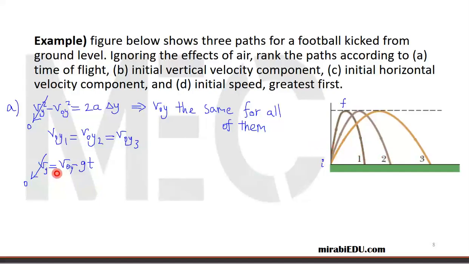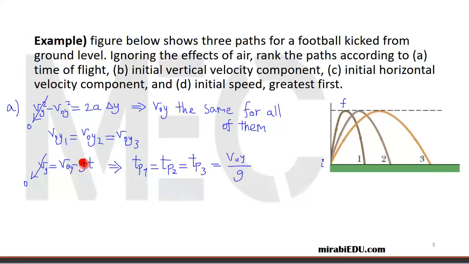Vy will be 0, V0y is the same for all of them, g is the same for all of them, and therefore the peak time of projectile 1 is equal to the peak time of projectile 2 and projectile 3. All of them will be V0y over g.